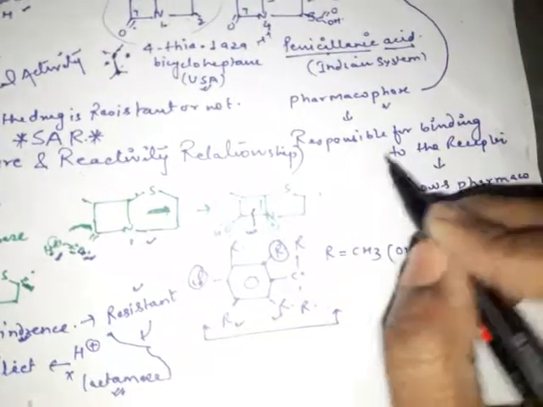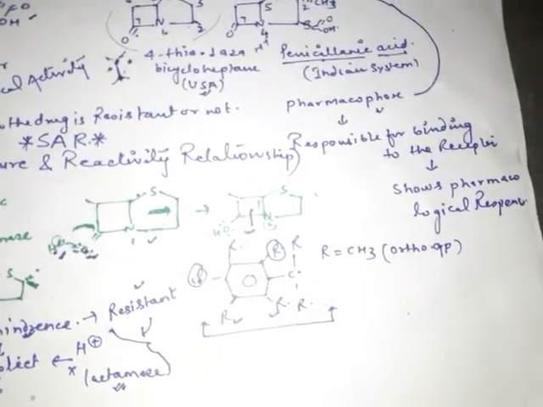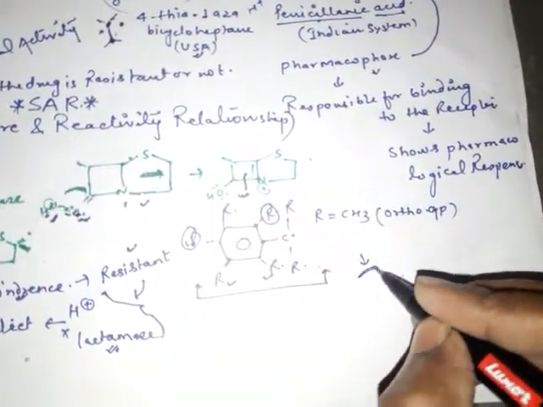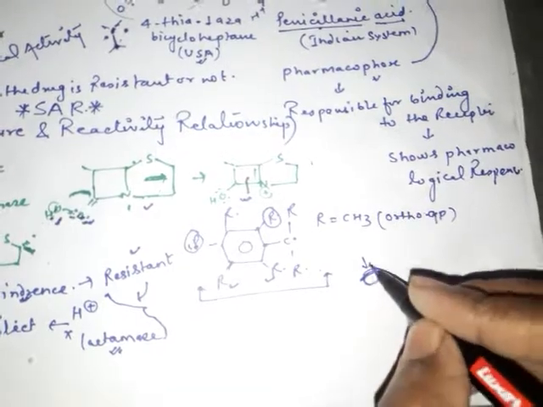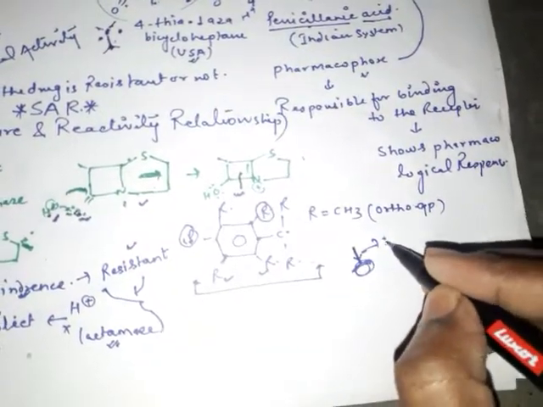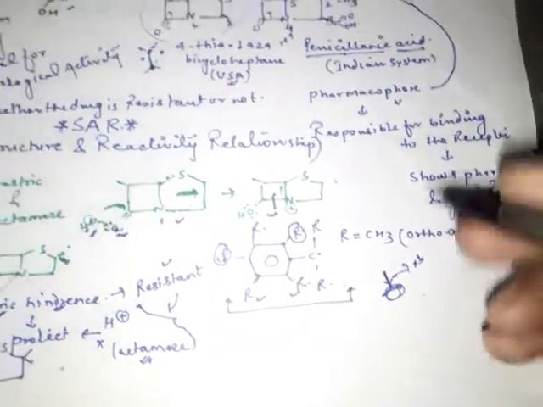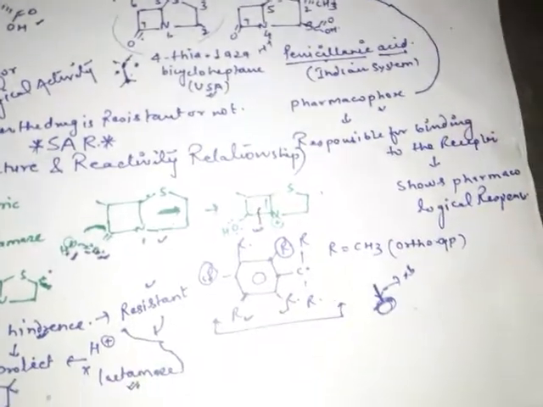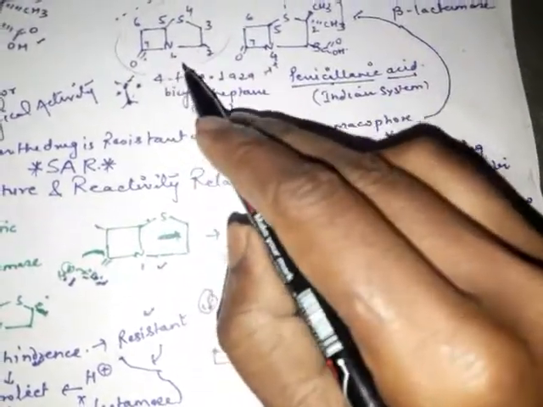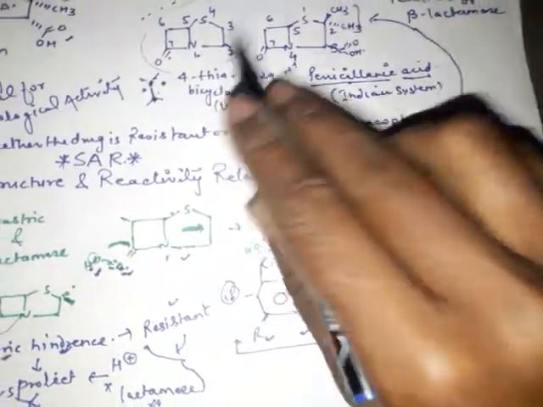When it binds to the receptor site, it will show the pharmacological responses, because any receptor is of proteinaceous nature. When they combine with each other, they show biological responses depending on the drug which has entered the body. So this pharmacophoric moiety is very important for biological responses.